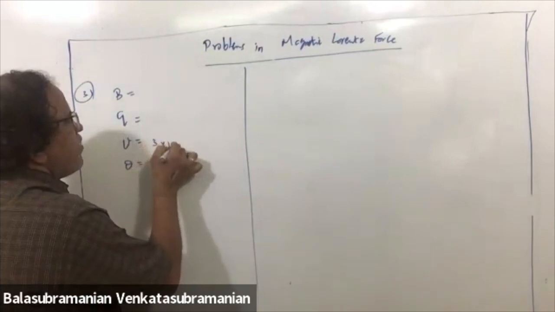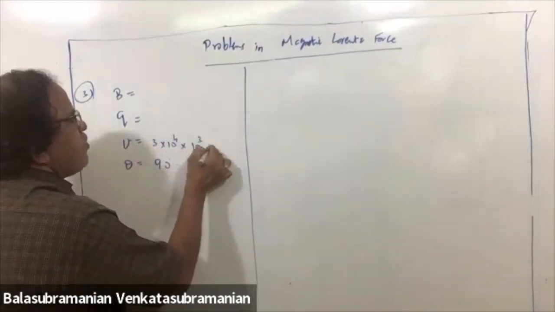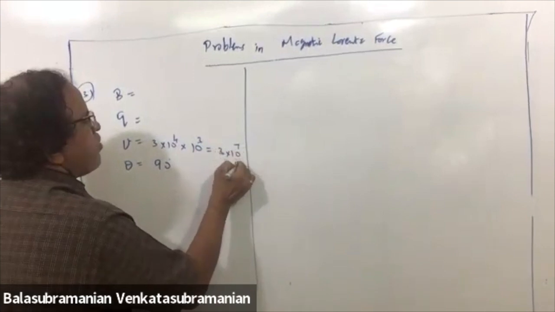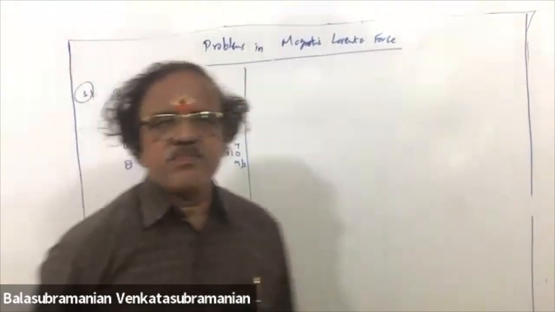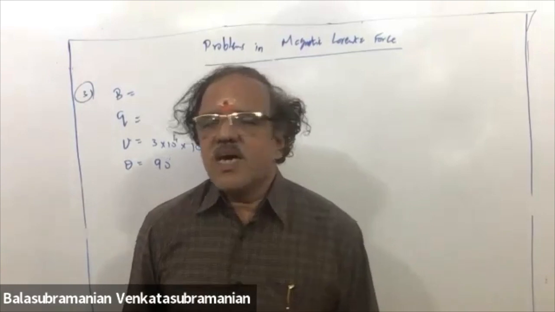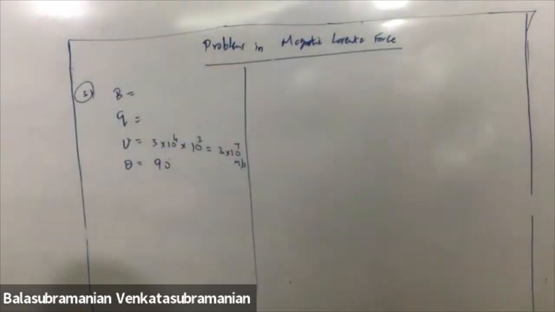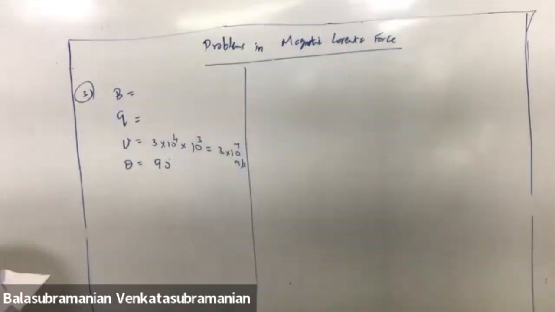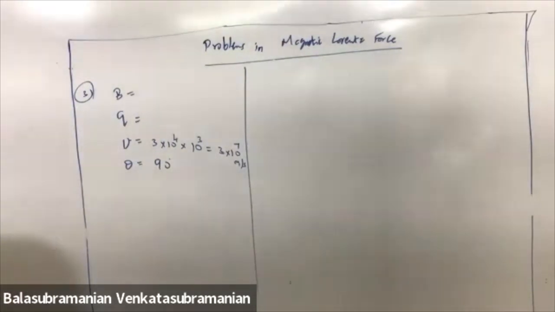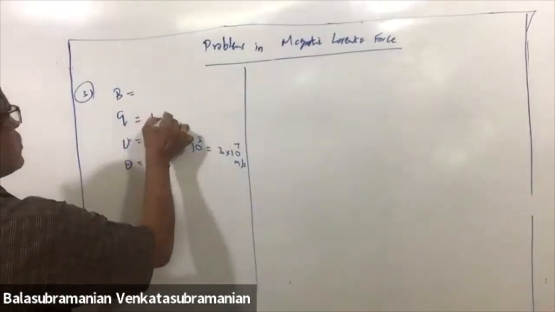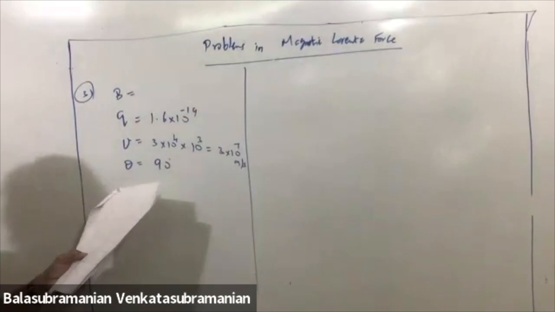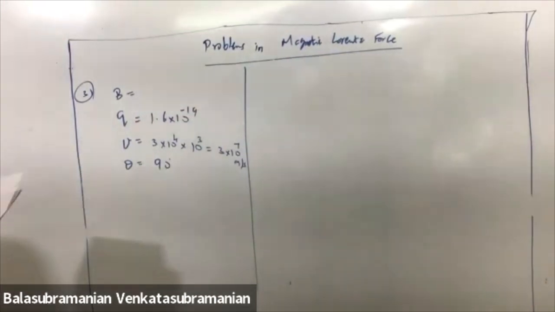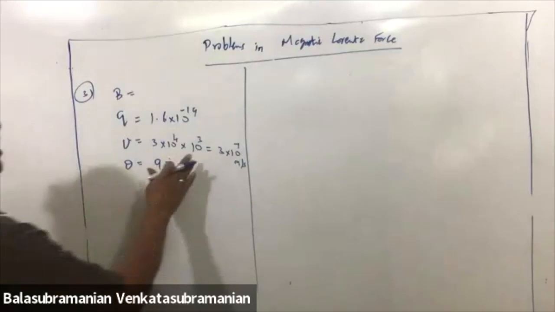Kilometer is 10 power 3, so 3 into 10 power 7 meter per second. Theta 90. Q is electron only, 1.6 10 power minus 19. Velocity is 3 into 10 power 7, directly they have given.